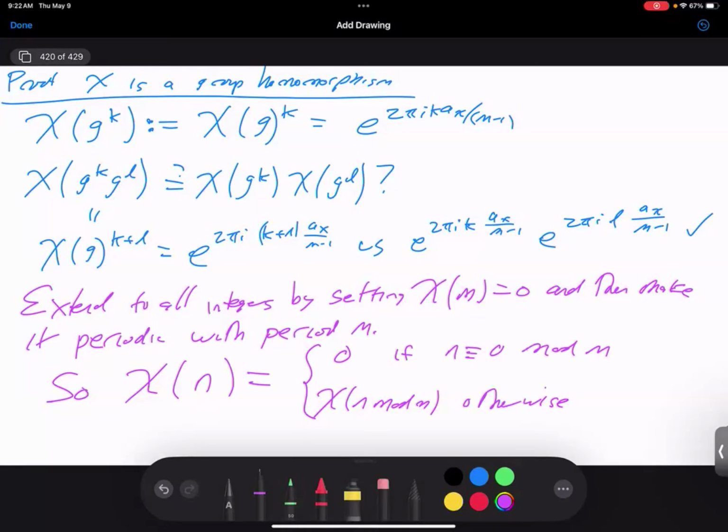Well, I could just say it's chi of n mod m, because I'm now defining chi of m to be 0. So notice that the absolute value is always going to be an m minus first root of unity unless n is a multiple of m, in which case I set it to be 0. So I've got to be a little bit careful here. But I'm taking this function, which is a group homomorphism, and extending it.